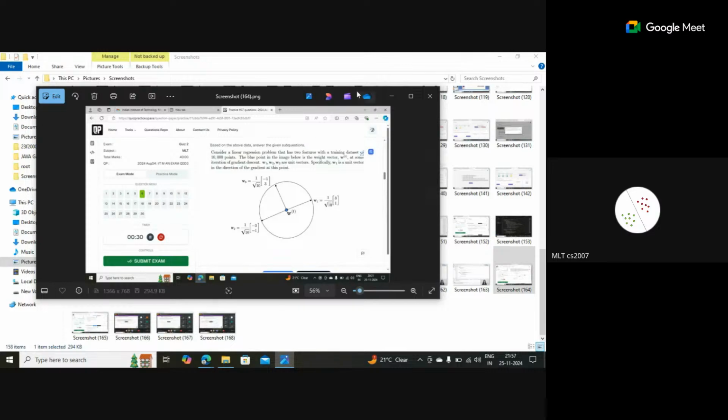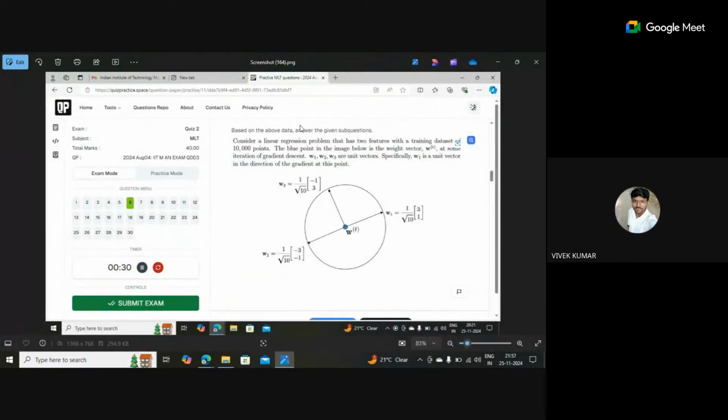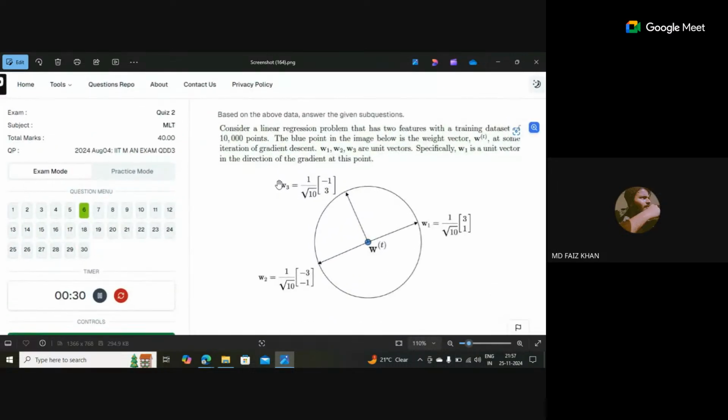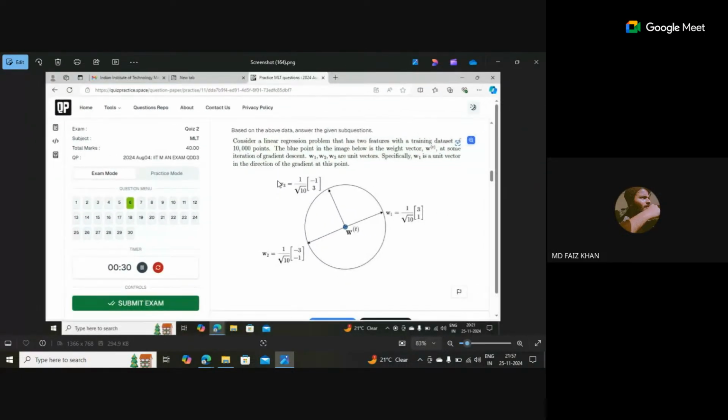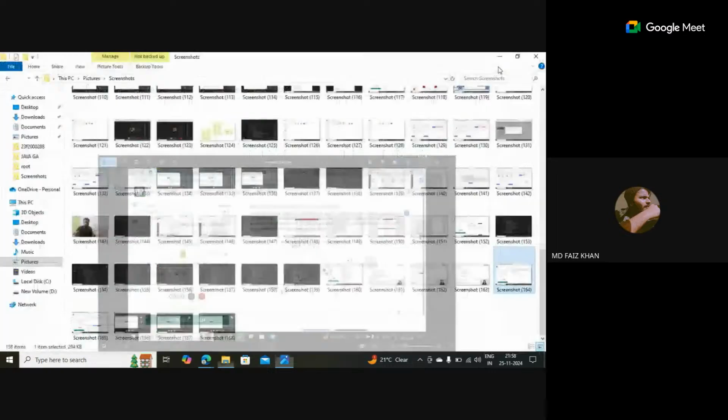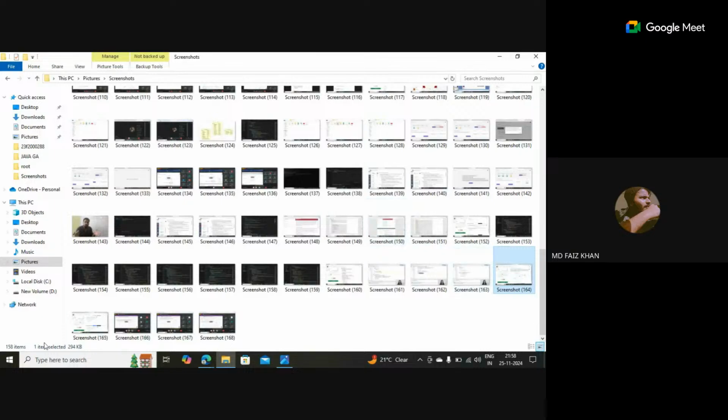Can you zoom it? It's a question, but there's also a sub part.